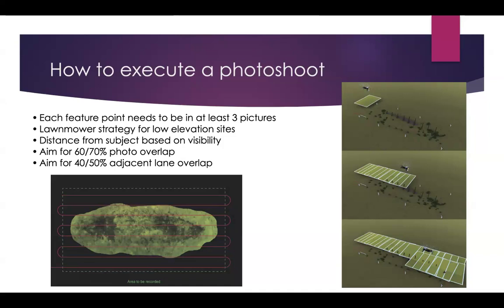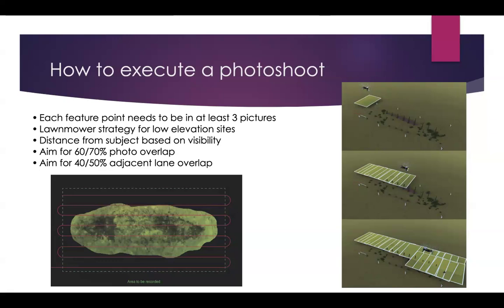So for a flat-ish subject, and quite often shipwrecks can be fairly flat, particularly wooden ones, you do something that's called mowing the lawn. Basically, you swim transects, and what you're trying to do is get overlap in your photos.